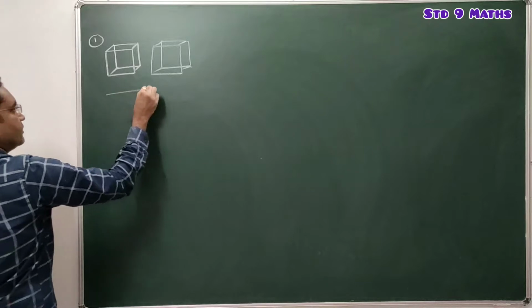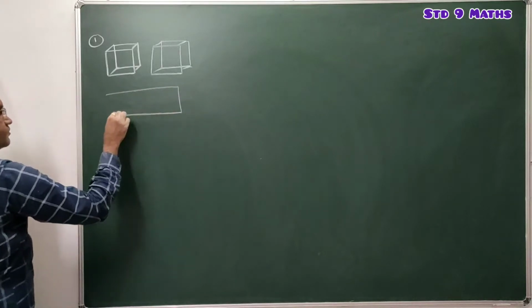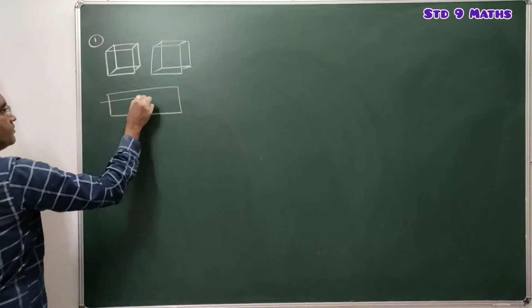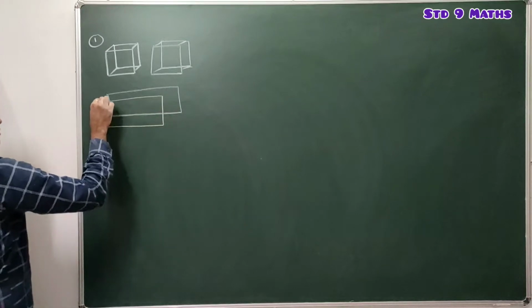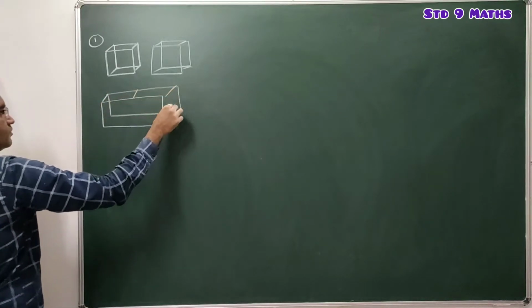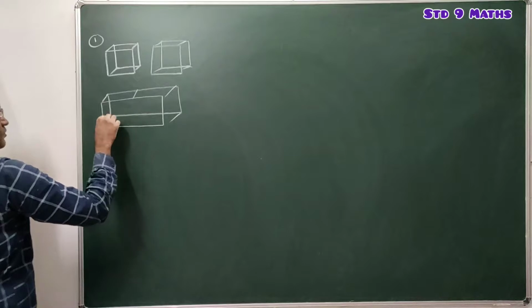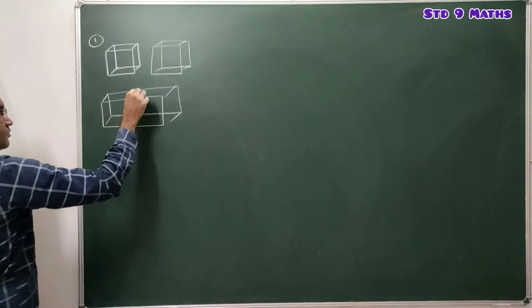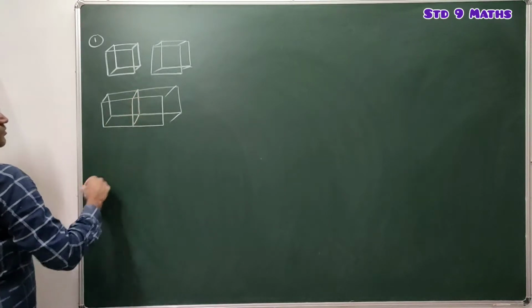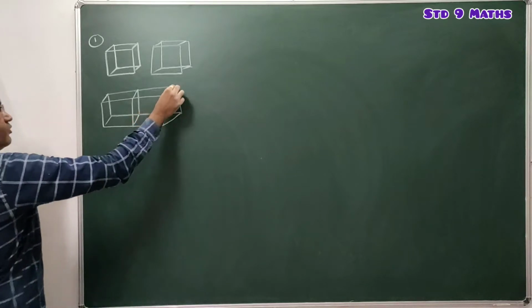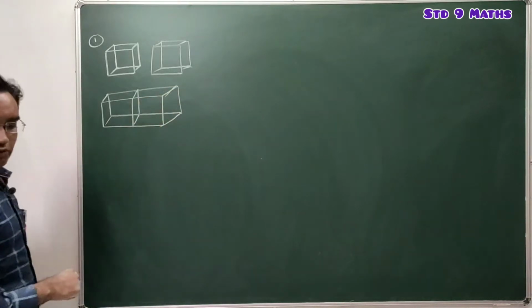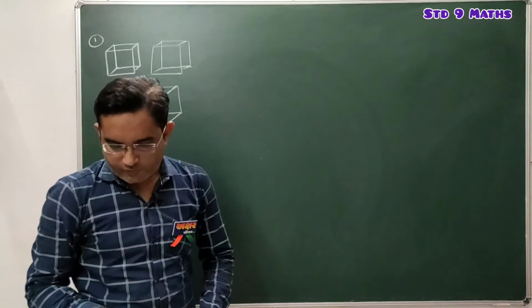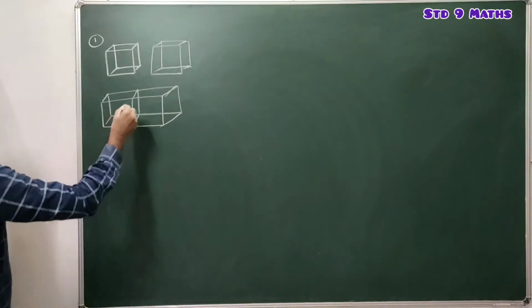So it will look like this. Done. So two cubes are joined end to end, and one cuboid is formed. Here you have to find the total surface area of this resulting cuboid.